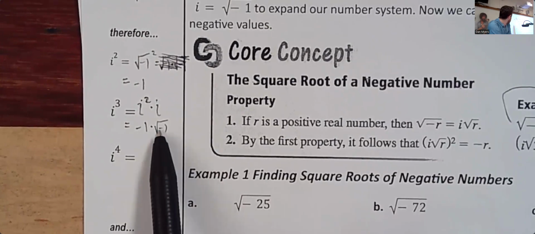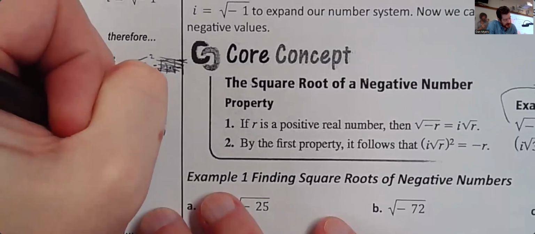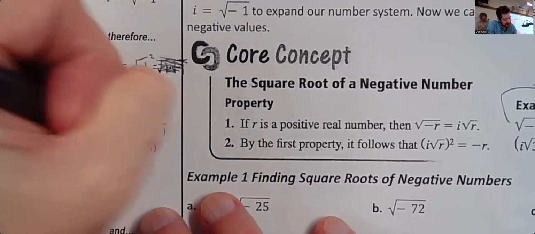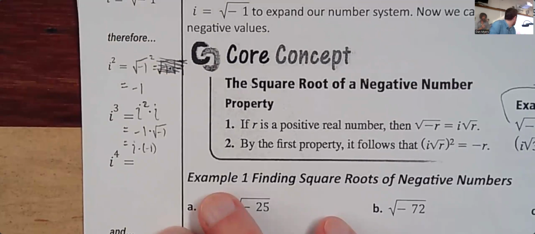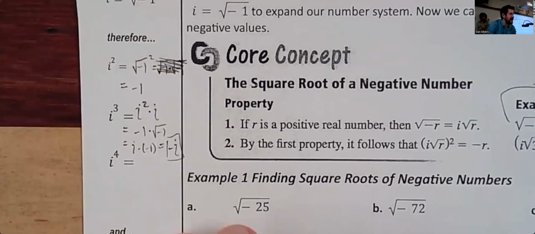The square root of negative 1 is just i, so I'm going to change that back to i real quick. So this would be i times negative 1, but anything times negative 1 is just that thing's opposite. So this would just be negative i, or the opposite of i.